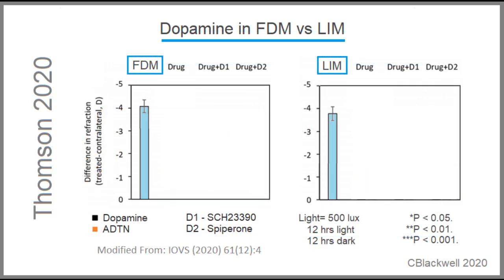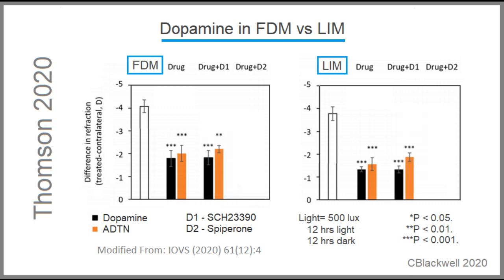Both form deprivation and refractive lens use produced about 4 diopters of myopia. Daily injection of dopamine, or a fellow agonist, reduced myopia development by about half. They are not using bright light in this experiment, just dopamine.